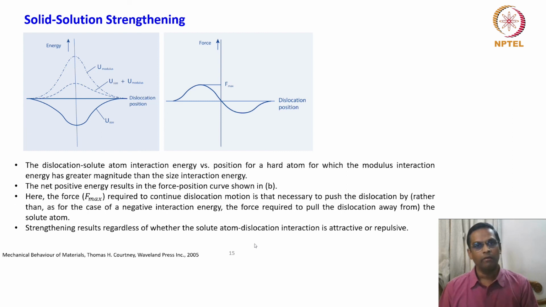Ultimately, it is going to produce either attraction towards the dislocation or repulsion of the dislocation. So the net energy resulting from this interaction is going to be beneficial for the strengthening of the material. That is the information.